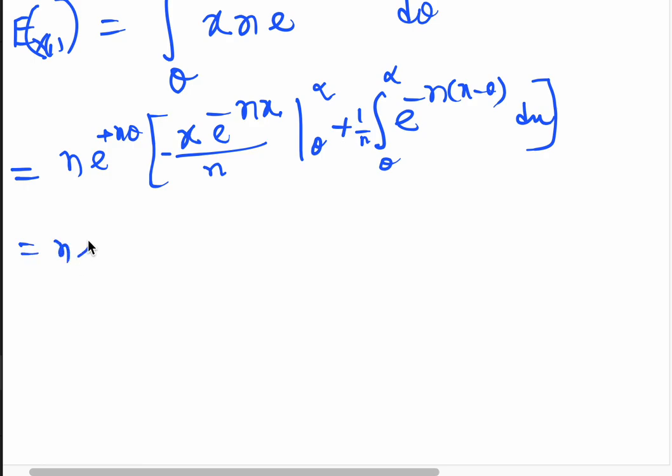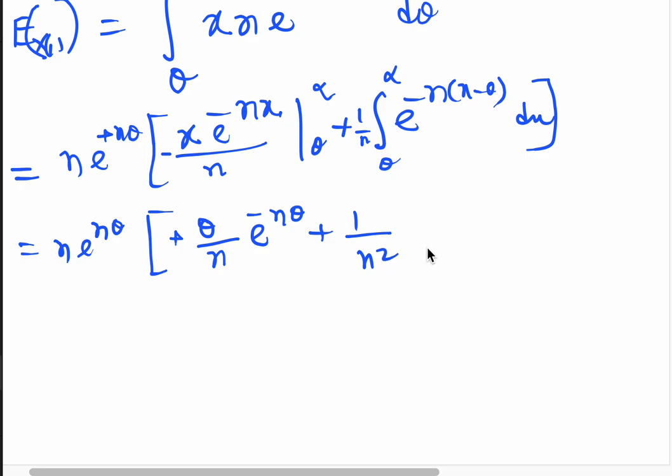At infinity this will be 0, at theta it will become plus theta by n e to the power minus n theta, and this will become 1 by n square e to the power minus n theta.